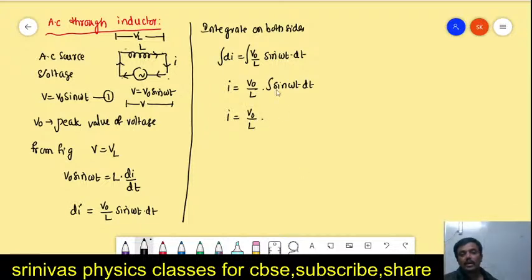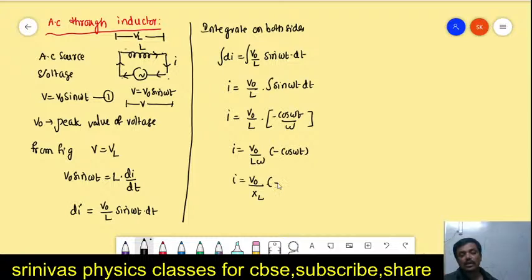V naught by L, integration of sin omega t, we write as minus cos omega t by omega. And this we can write I equal to V naught by L omega into minus cos omega t. V naught by L omega we can write as V naught by XL.